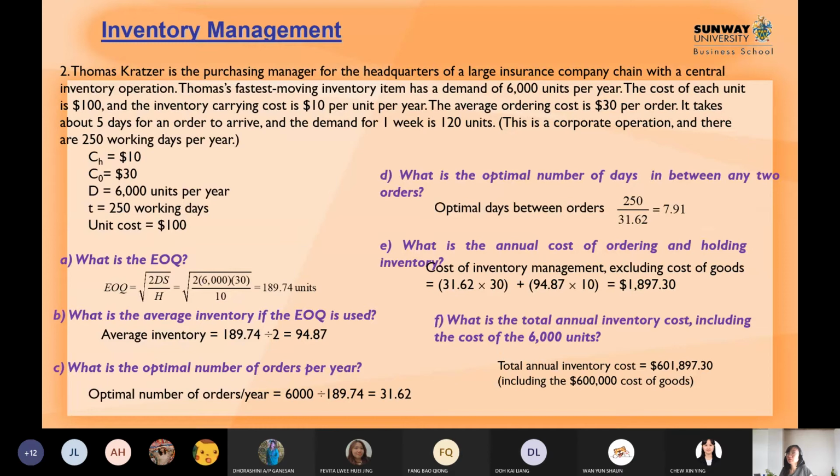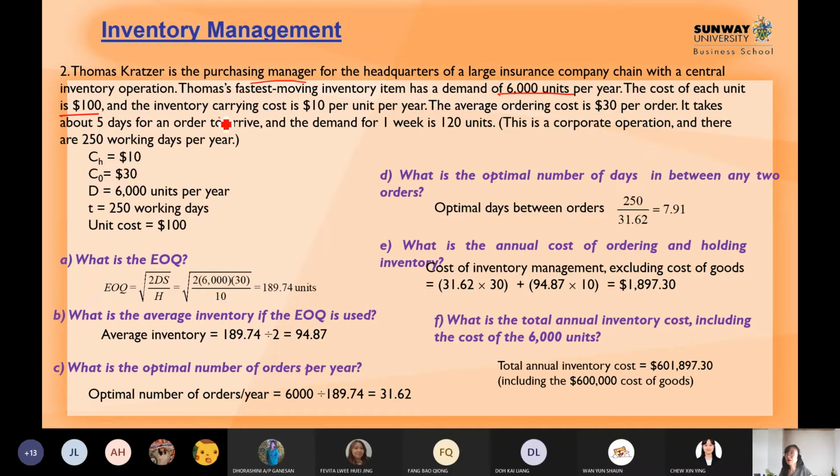Okay, the second question, Thomas. Thomas is a purchasing manager in an insurance company. So assume that this insurance company has their own inventory item, maybe gift or voucher or any office item. They have 6,000 units. The cost per unit is 100.